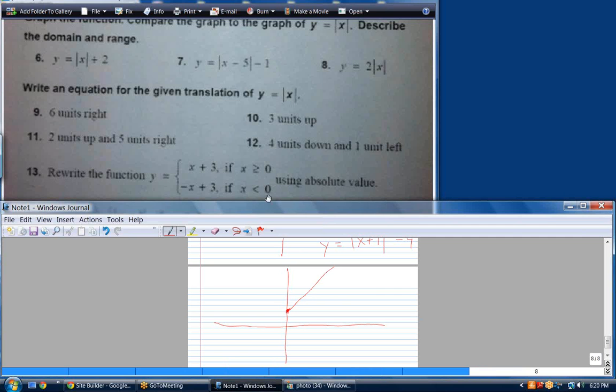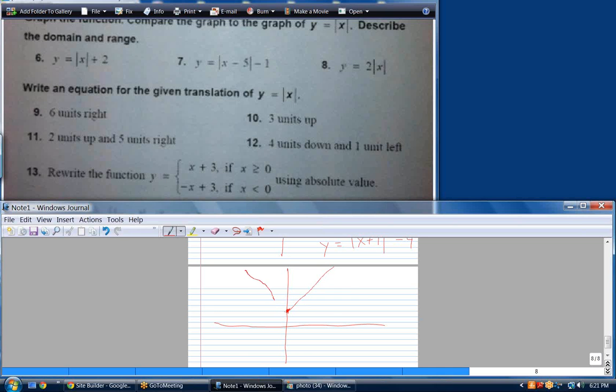How do I plot the part that's left of the y-axis? When x is negative, it's minus x plus 3. How do I plot that? What's the y-intercept? 3. What's the slope? -1.